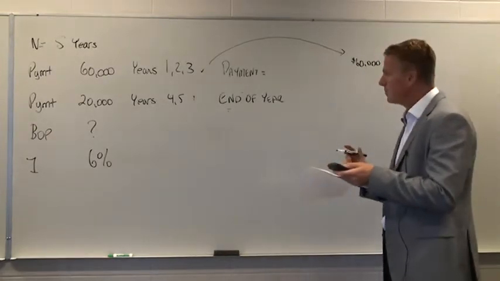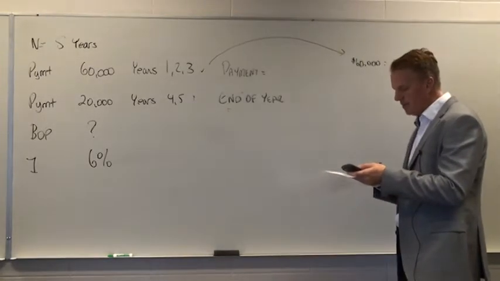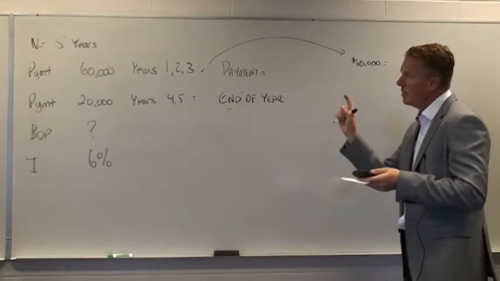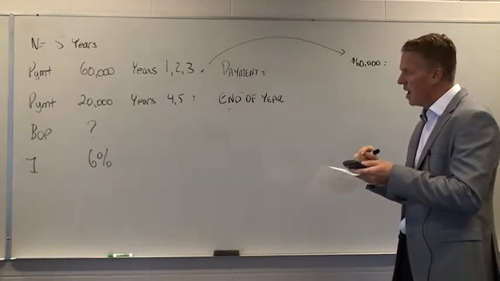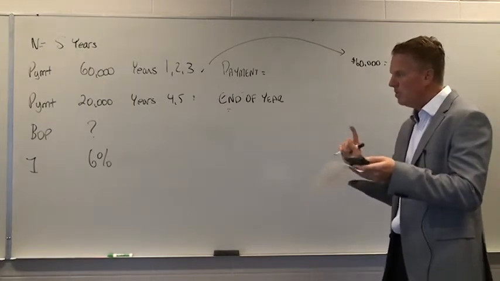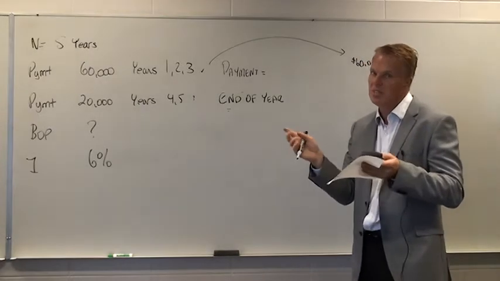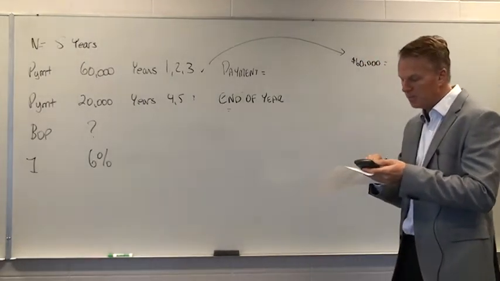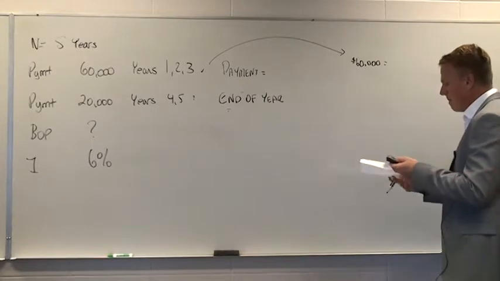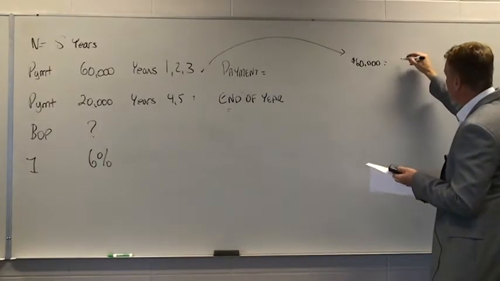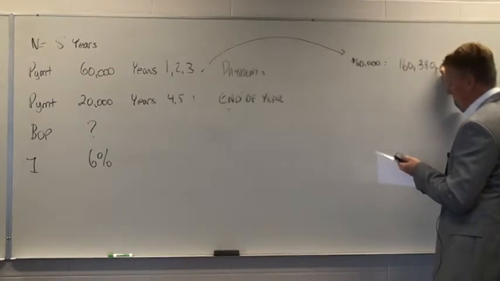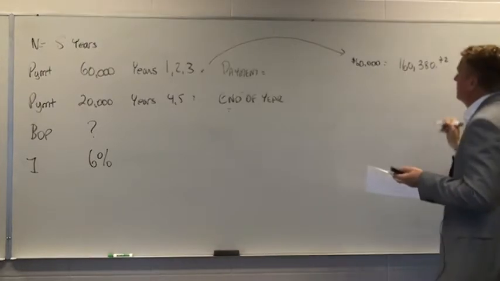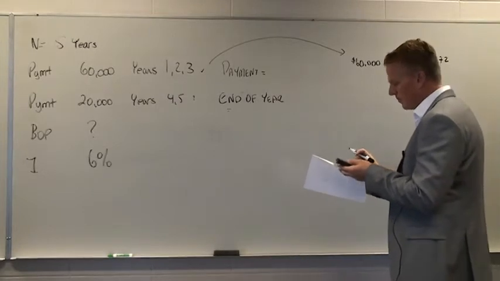So $60,000 payment, 3N because it's only 3 years, 6 IY. You can put 0 future value if you like, doesn't matter. Compute present value. That's going to come out to $160,380.72.